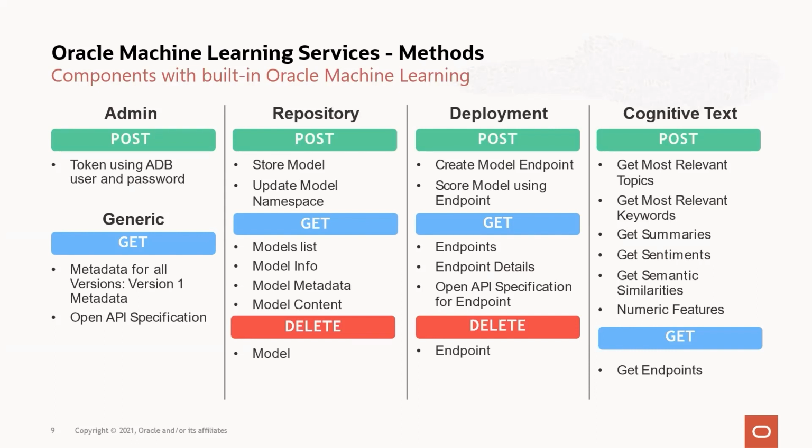You can also organize models within namespaces, and you can create, delete, and list your model endpoints and score data using model endpoints. It's worth noting that with OML Services, we do the scoring in single records or mini batches of records. So that's the overview of OML Services and its capabilities.